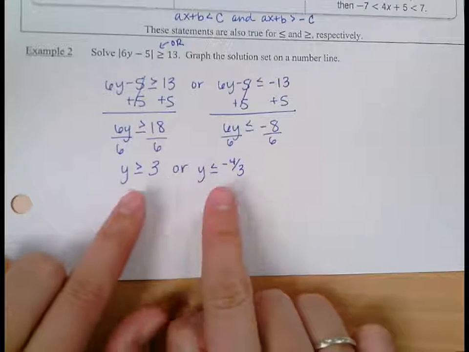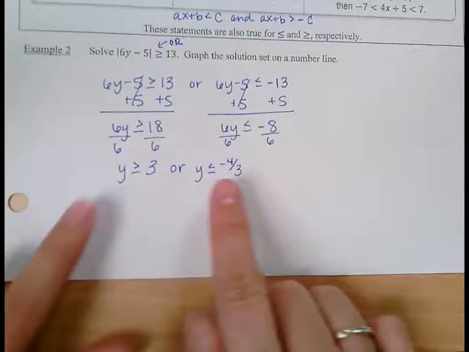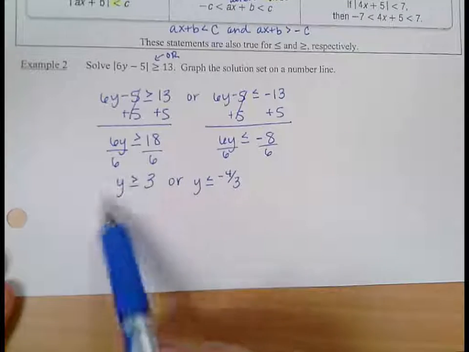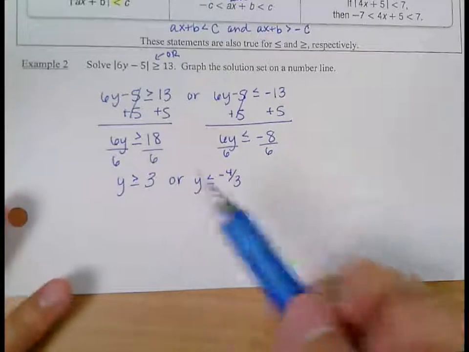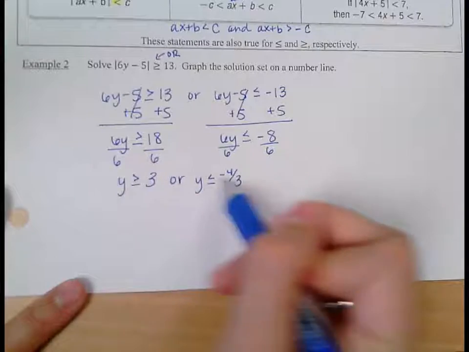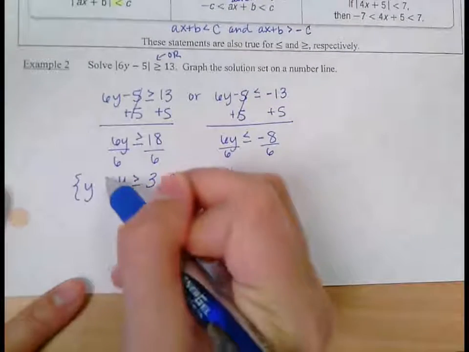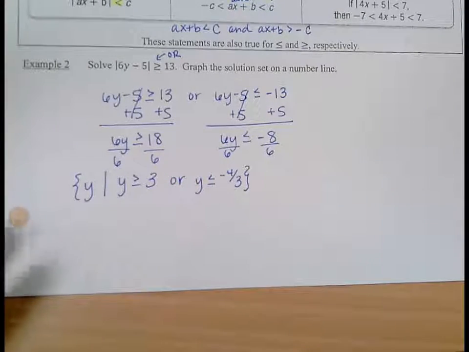And when you have a compound inequality joined with or, you have to leave it written this way. 2 separate inequalities joined by or. Do not circle each of these and say these are my 2 answers. It's not 2 separate answers, it's together, joined by or. And then for set builder notation, in front of this I can just include the brace, define the variable y, vertical line for such that, and then close off the braces.